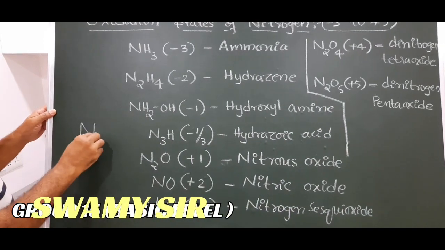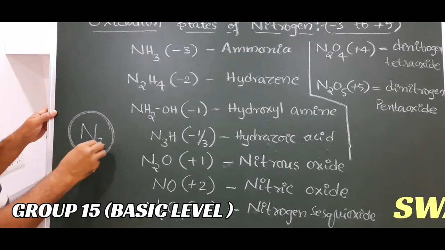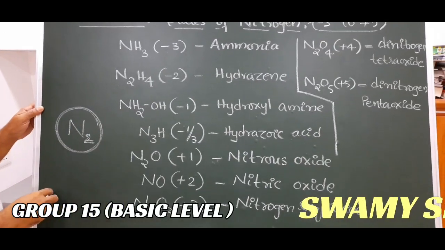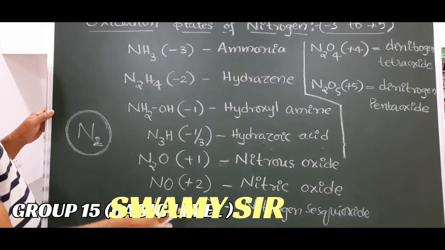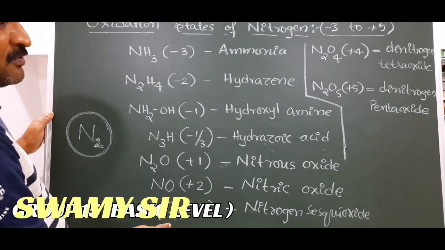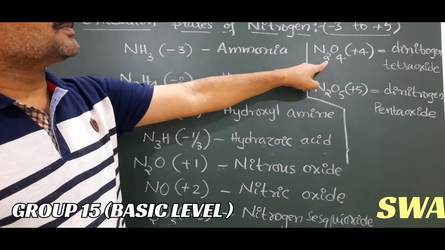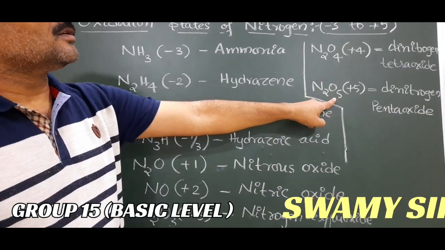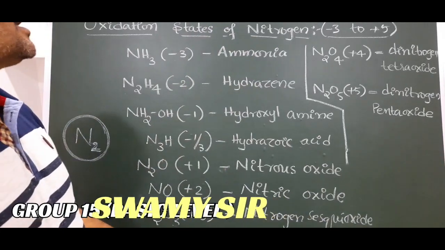In N2, when it exists as an element, its oxidation state is 0. In nitrous oxide it is +1, nitric oxide is +2, nitrogen sesquioxide is +3, dinitrogen tetroxide is +4, and dinitrogen pentoxide is +5. All these are the possible oxidation states of nitrogen.